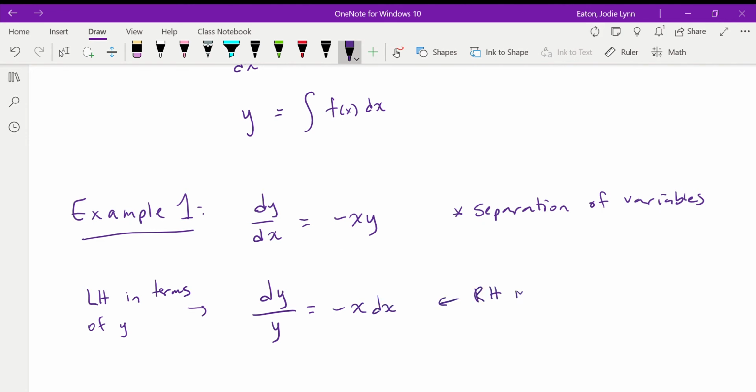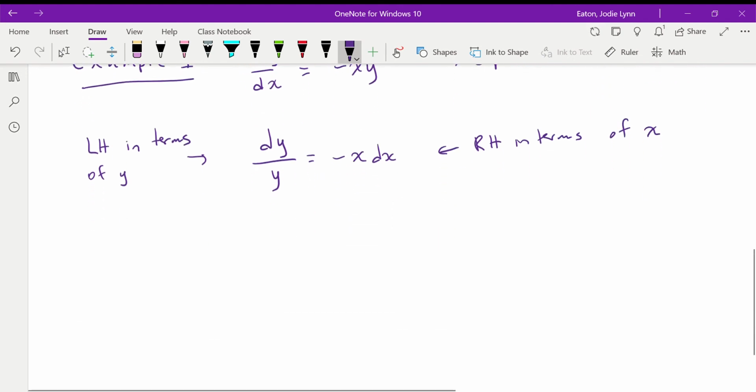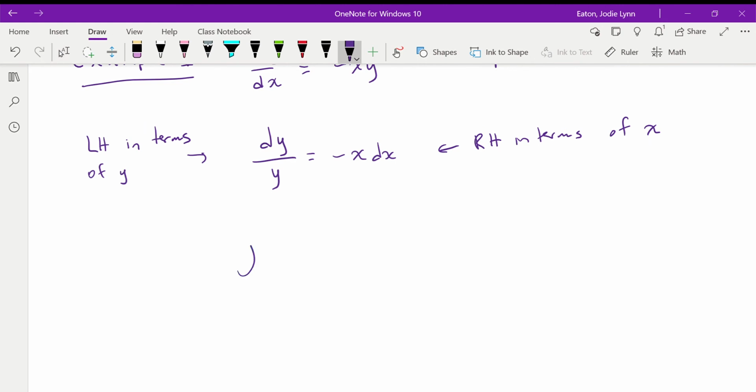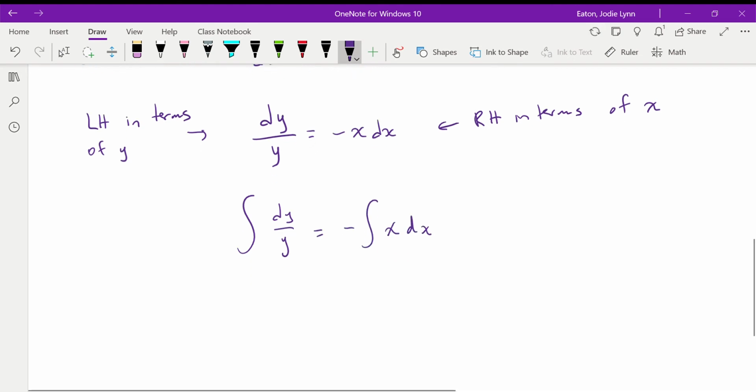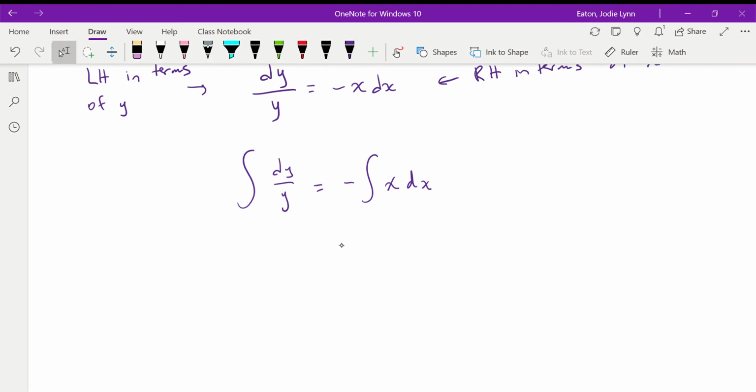Then we are going to integrate both sides. We get the integral of dy over y equals negative the integral of x dx. On the left side we have 1 over y, which gives us ln of the absolute value of y, equals negative x squared over 2 plus c.